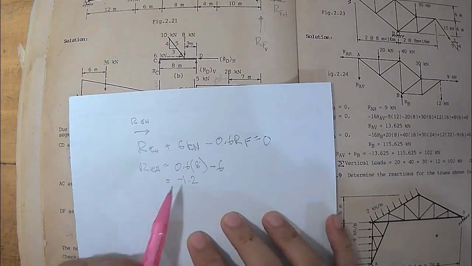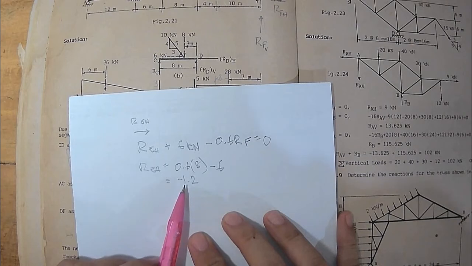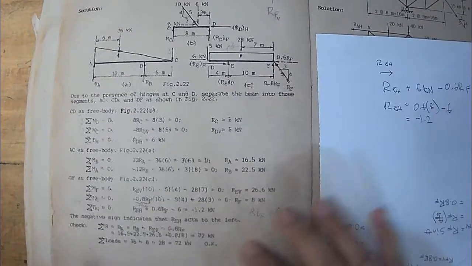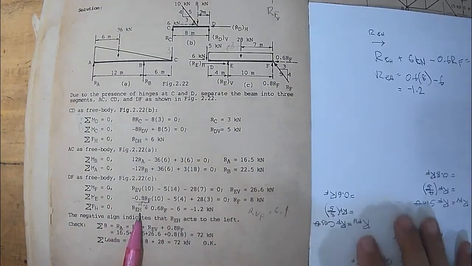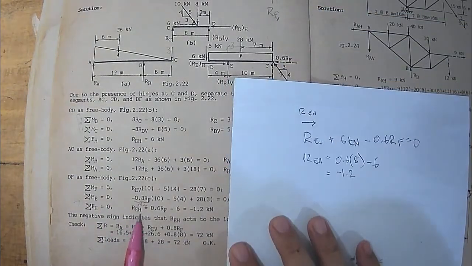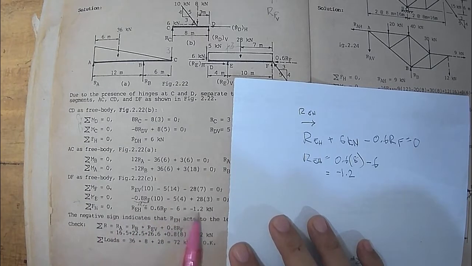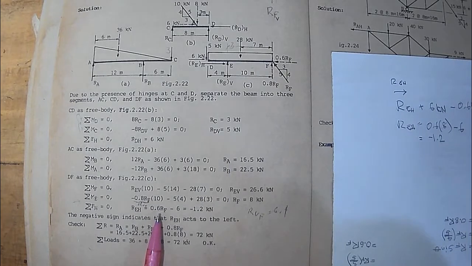So, this now becomes negative 1.2. So let's compare: REH is equal to 0.6 times 8 minus 6, negative 1.2. So that is the computation.